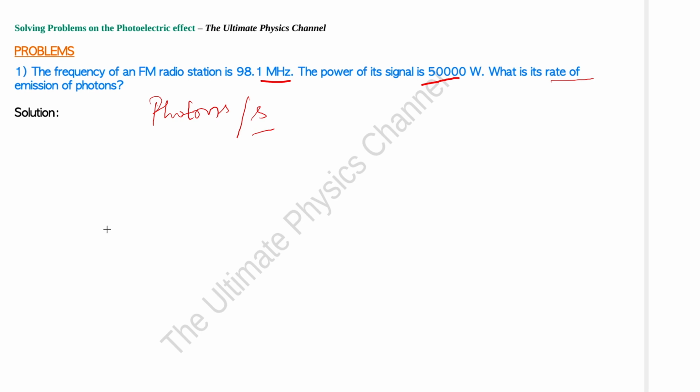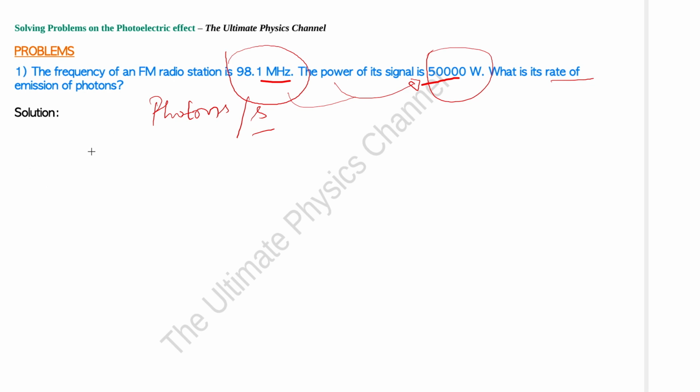So it's a simple problem we can easily solve by taking the total energy of the signal, or the power rather here in this case, and calculating the energy of each photon based on the frequency value that is provided to us, and then based on these two numbers we can calculate the number of photons that are emitted per second, or number of photons that are contained in such a signal, frequency modulated electromagnetic radiation, right?